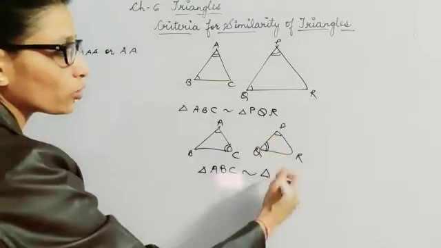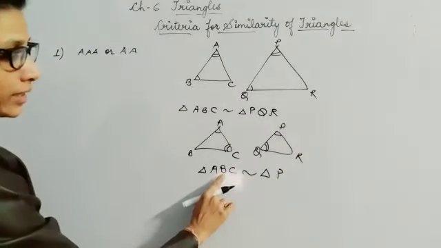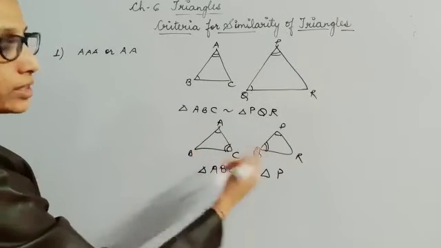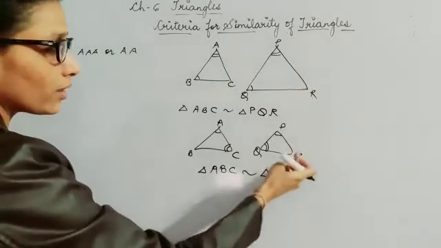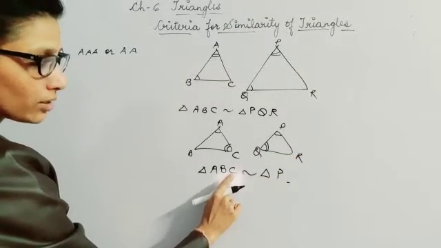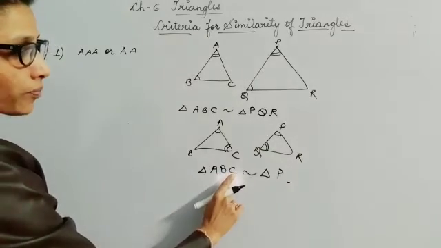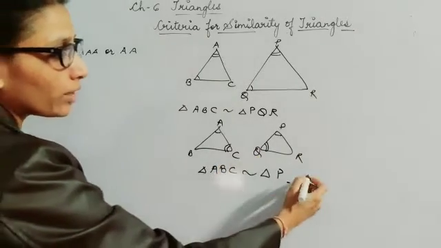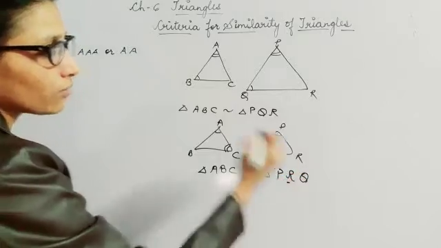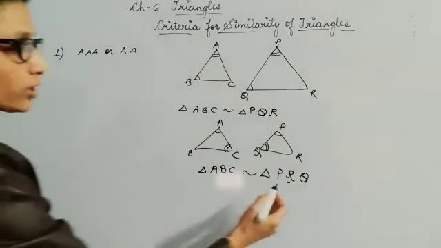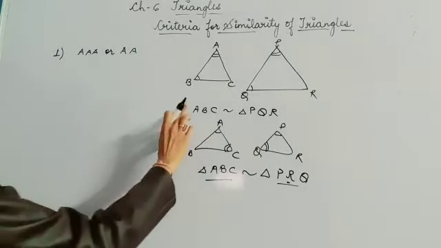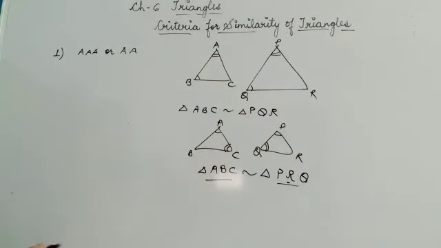So this is P. So I will be writing it as P. Second is B. Here I have not written anything about which angle B is equal to, so I will be leaving a space for it. Then the third place is C. So C is equal to Q. That means the third place will be taken by Q and this R will be at the second position. So it is very important to maintain the sequence according to the equal corresponding angles.